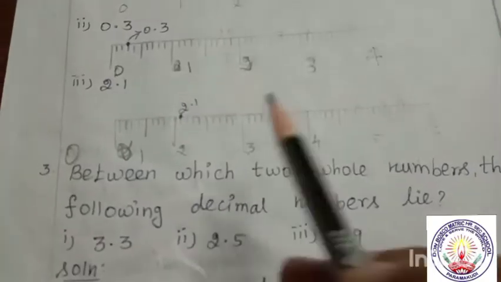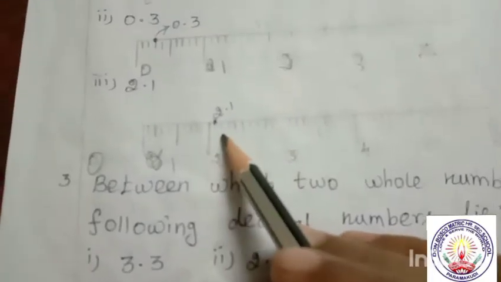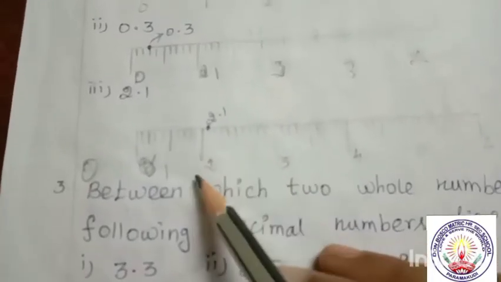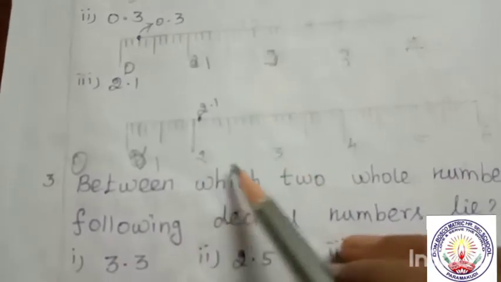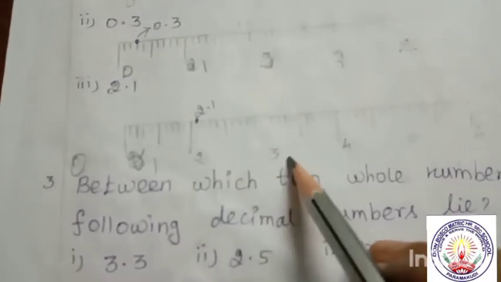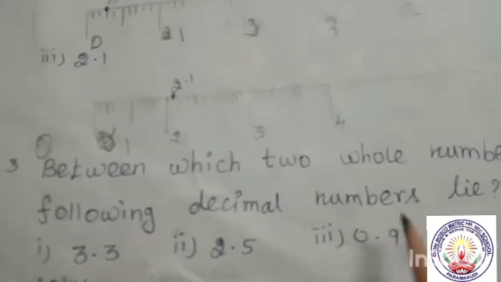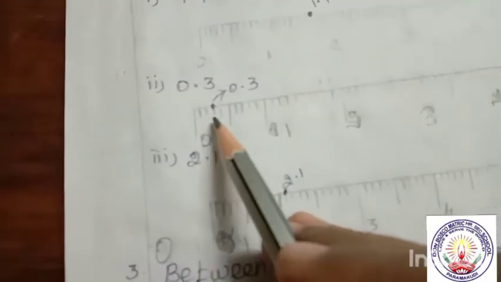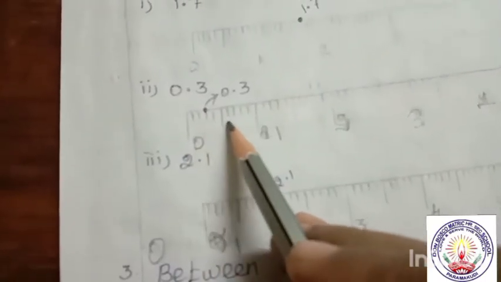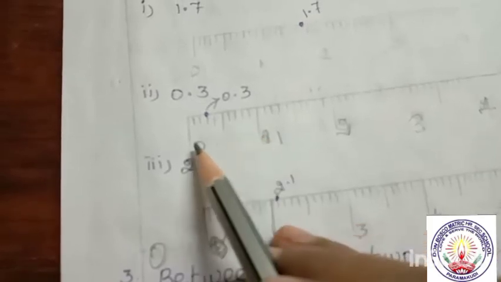Next 2.5: 2.1, 2.2, 2.3, 2.4, 2.5. 2.5 lies between 2 and 3. Next 0.9: 0.3, 0.4, 0.5, 0.6, 0.7, 0.8. 0.8 lies between 0 and 1. Okay.